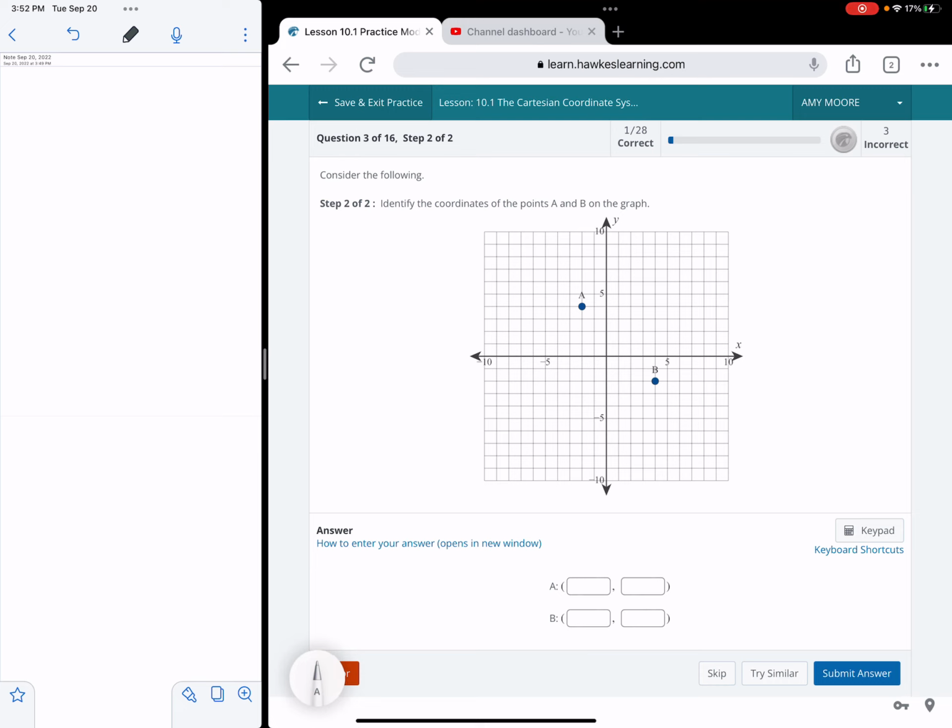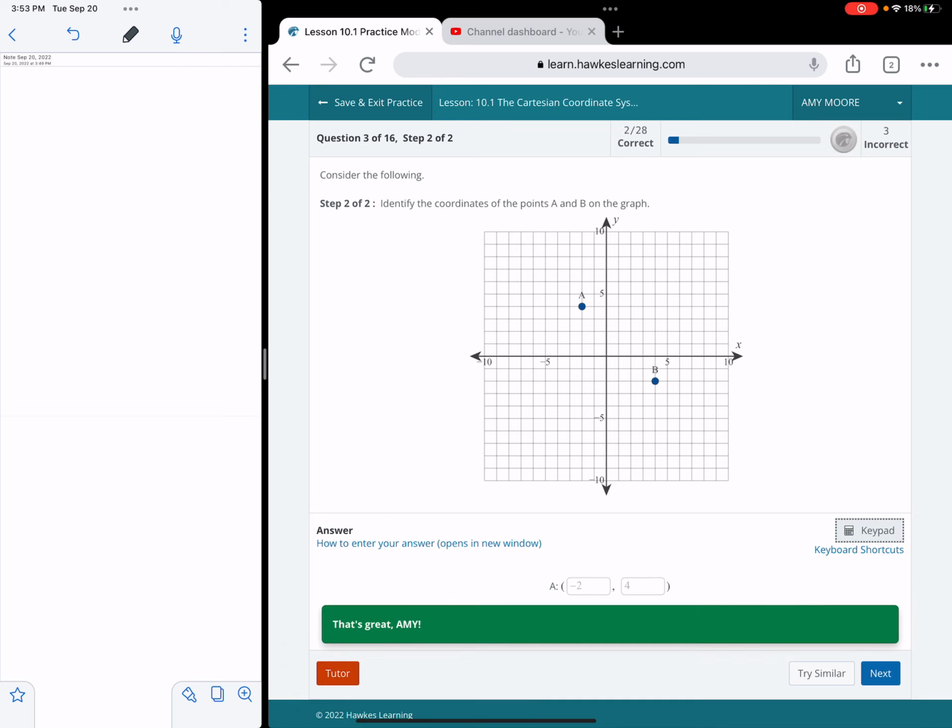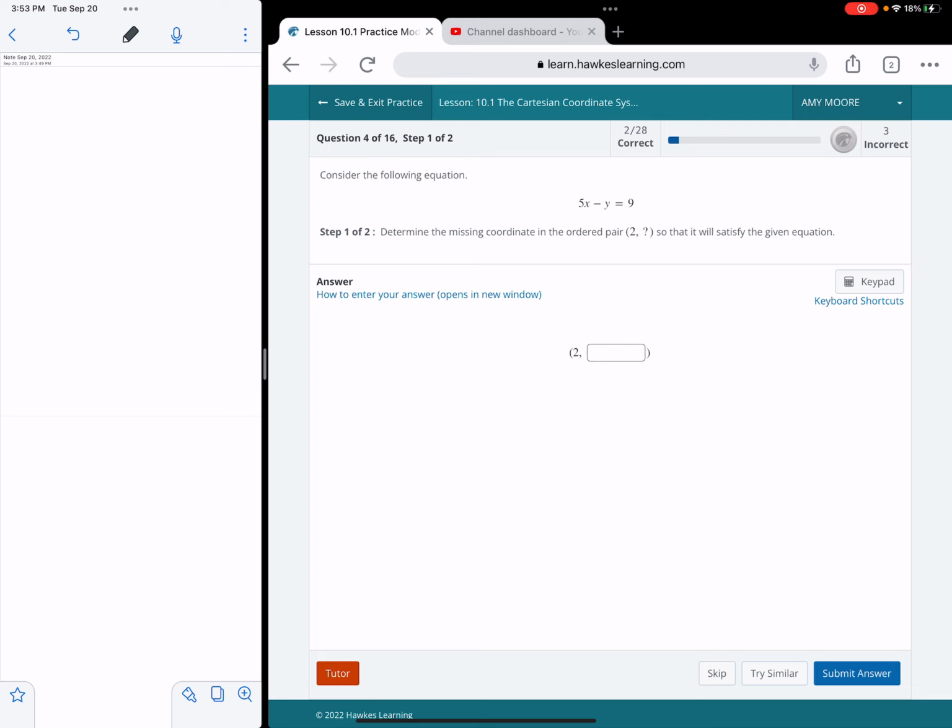So A is going to be (-2, 4). And then B is going to be right 4, so that's going to be a +4, and then down 2, -2. Okay? All right, let's look at the next one.